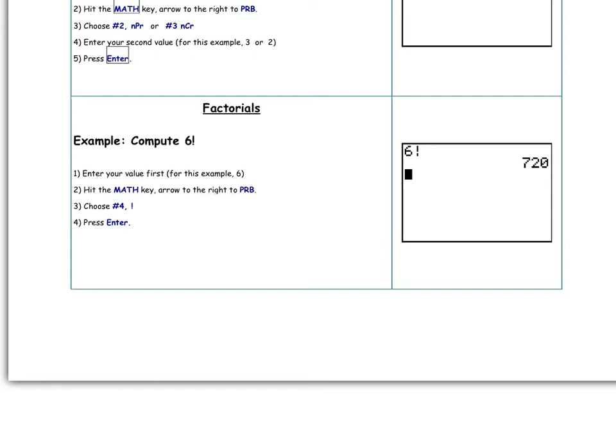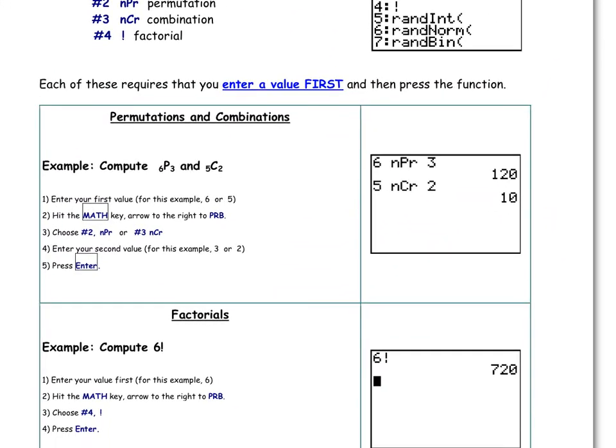Okay, so while we're here, let's look at how to input permutations and combinations. I didn't discuss what combinations are yet, but let's figure out how to do a combination. So say I wanted to do a permutation, 6P3. You would enter your first value, so clear your screen and enter 6. Then hit the math key and arrow over to the right to PRB.